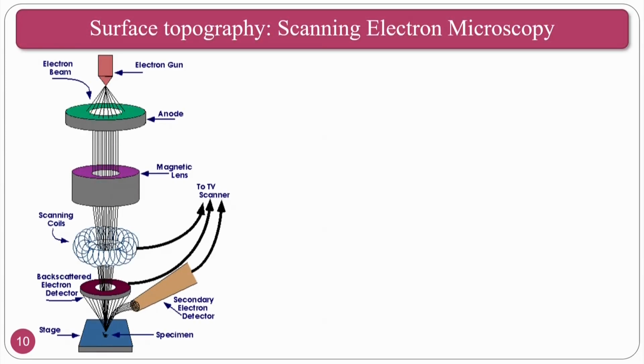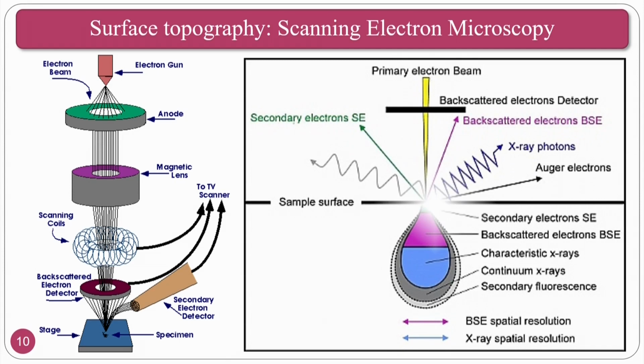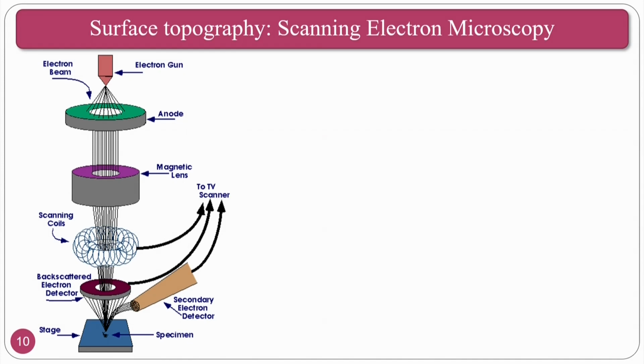The first one is scanning electron microscopy, how it characterizes our surface. If you see this, you have an electron gun where the electron beam emits, an anode, a magnetic lens to focus, and at last a backscattered electron detector, and the stage where you place your workpiece.